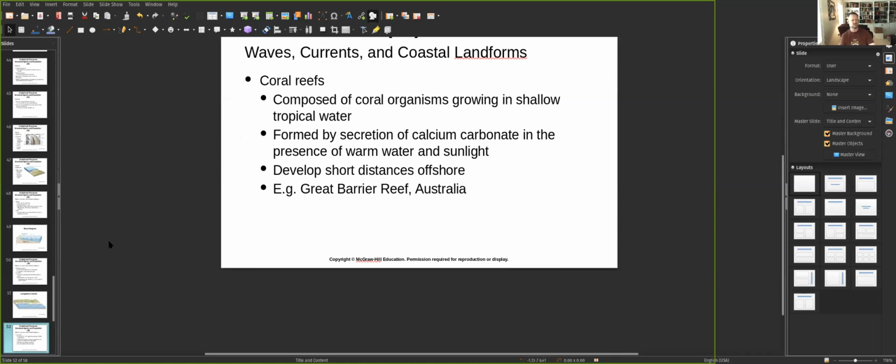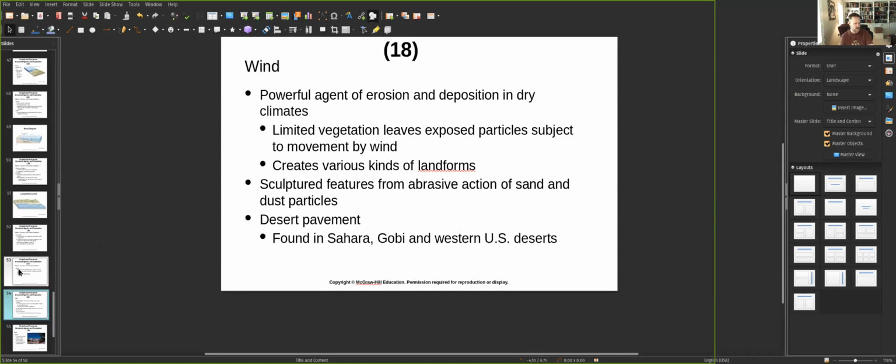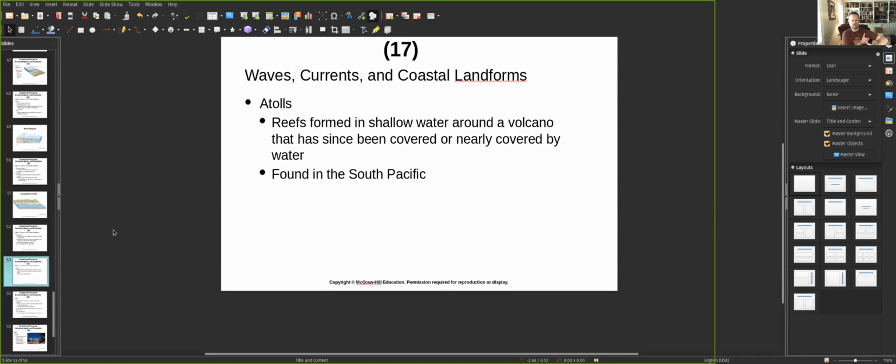But you also see these manifesting themselves a little bit in atolls that come about out in the South Pacific, where you get this volcanic activity, and sometimes there'll be some coral that'll pull in around there, but they're fairly small reefs that are formed that are usually surrounded by some fairly shallow water, and these are not very high above sea level. And we see a lot of these atolls that are out there.